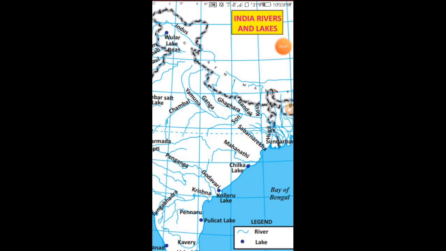Next, the important rivers asked in your examination. First, in the 2 mark itself we saw the west flowing rivers: Sabarmati, Mahi, Narmada and Tapti. The next important rivers are Ganga and Yamuna.